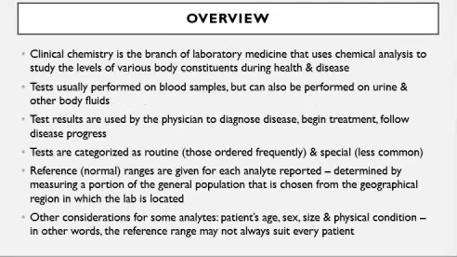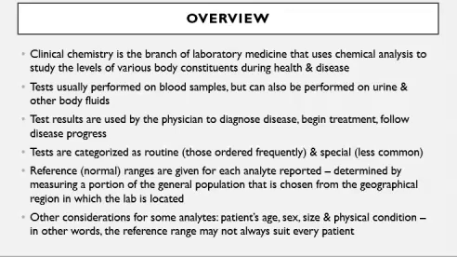This slide is just giving you some basic general information about clinical chemistry. Clinical chemistry is a branch of the laboratory that uses chemical analysis to study the levels of various body constituents during health and disease. So basically, we test for different chemical elements within the body to help treat and diagnose disease.